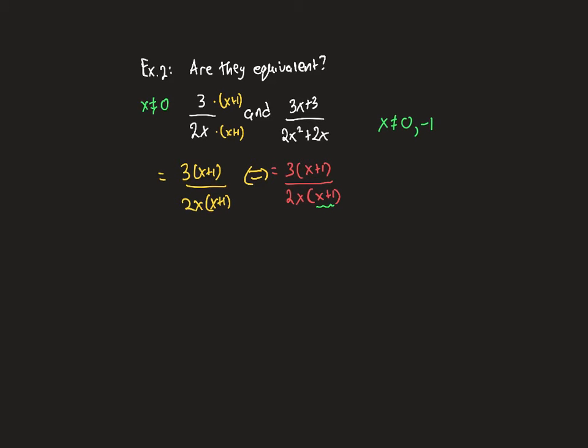All right? So because x can't equal 0 in this one, but it can't also equal -1, this one has another restriction that this one does not have. So therefore, they are not equivalent.